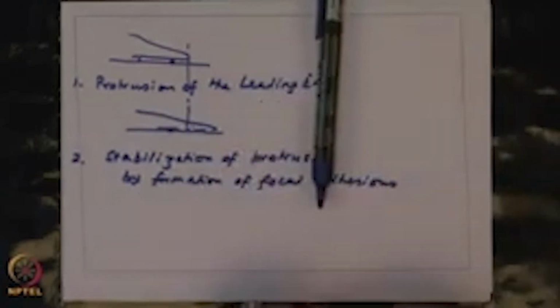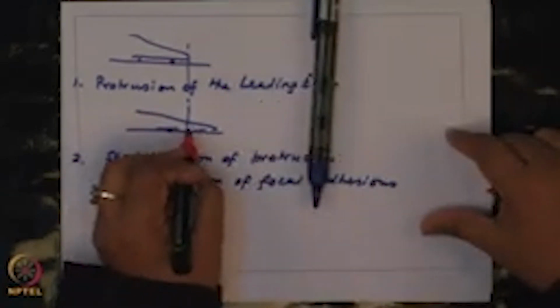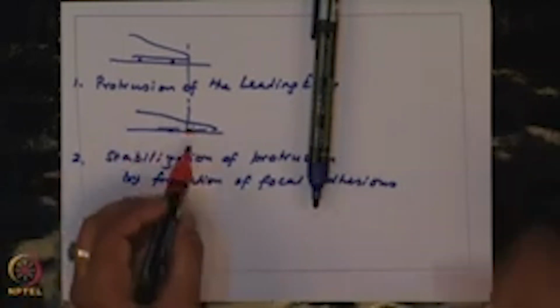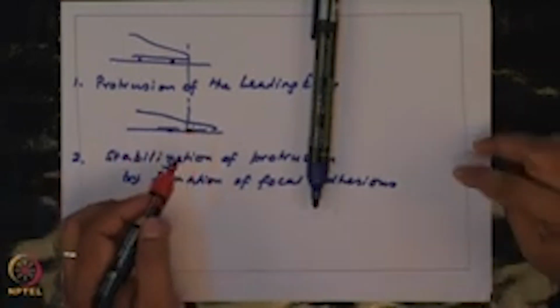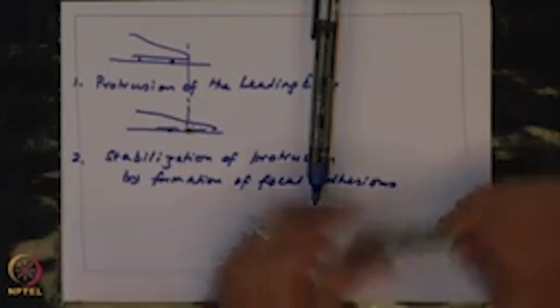So, you would have a new focal adhesion, which I have drawn using red color. This is a new adhesion which stabilizes this protrusion.